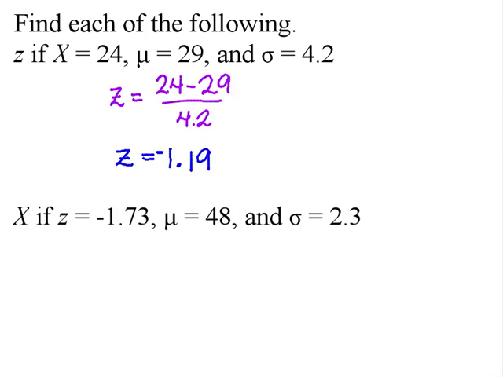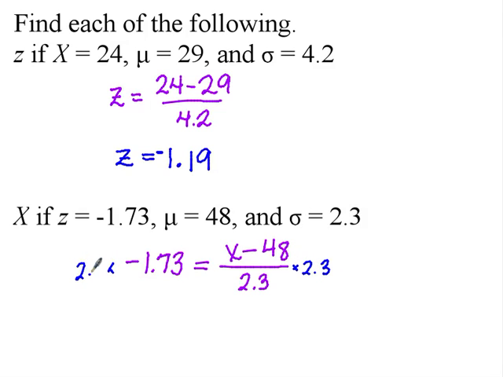So now the next one. What's my formula going to look like? Negative 1.73 equals 48 over 2.3. So how would I solve this? Times it by 2.3 on both sides. So if I times by 2.3, what do I get when I take 2.3 times negative 1.73? 3.979 equals X minus 48.